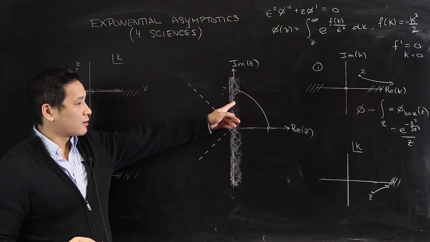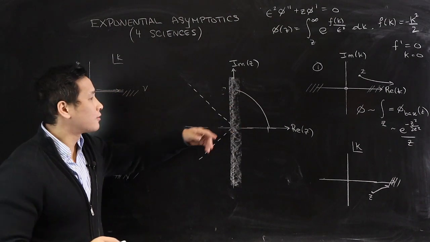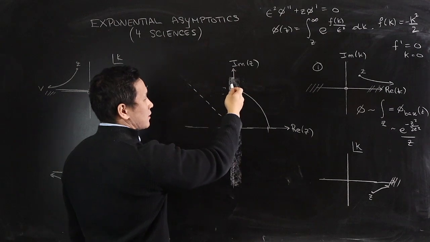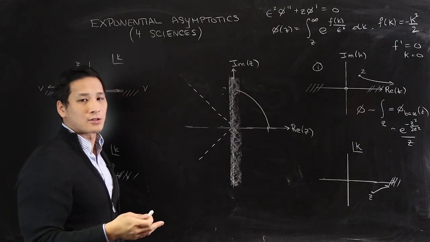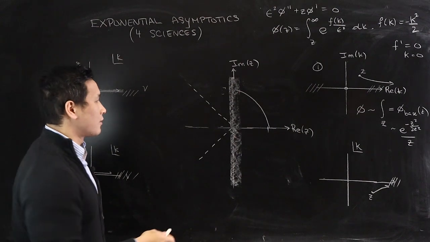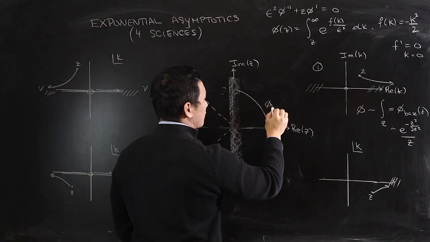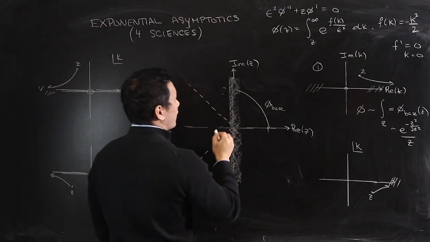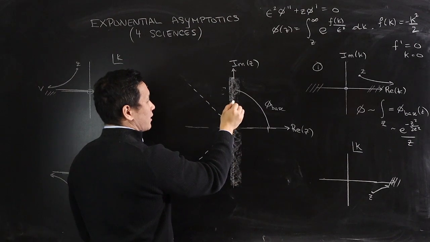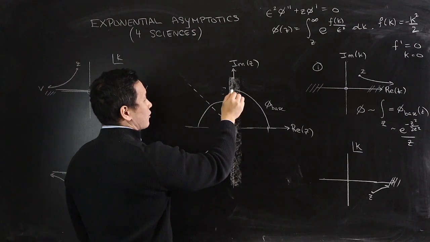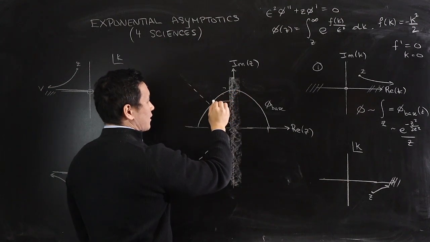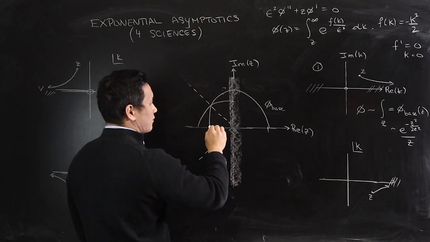At this point, I switch on my exponential, and it's small. So I'm going to draw it such that the distance from the origin corresponds to the magnitude of the term. So this is phi base. And at this point, I'm going to switch on my exponentially small term, and they're going to exchange dominances at the anti-Stokes line.